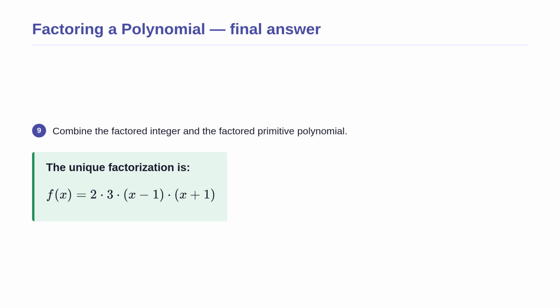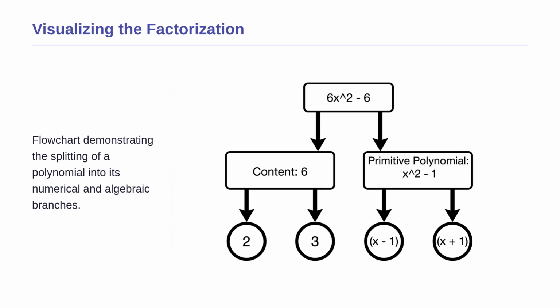To really cement what we just did, let us look at a visual summary of the entire process we just performed. At the top of this flowchart, you see our original complex polynomial, 6x squared minus 6. Notice how it splits into two distinct branches, a purely numerical branch on the left for the content, which is 6, and a purely algebraic branch on the right for the primitive polynomial, x squared minus 1.